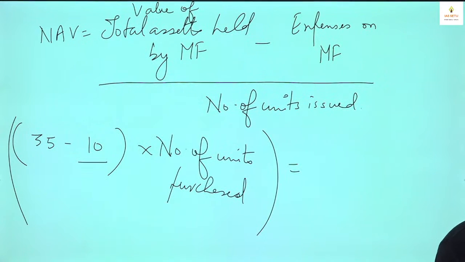You can write this formula. NAV2 minus NAV1 into number of units purchased. Okay.